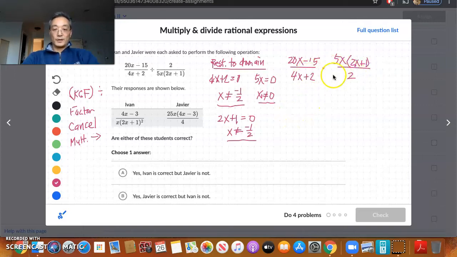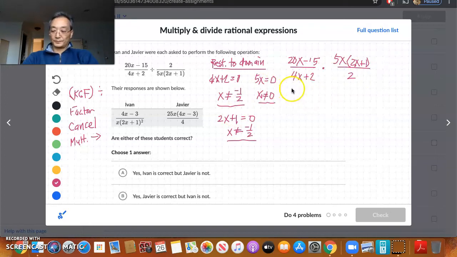Now, the 2 is now in the denominator, but there is no variable, so we're okay. There are no new restrictions because we only have a constant, and the number 2 can never be 0. So we're still good on the restrictions.